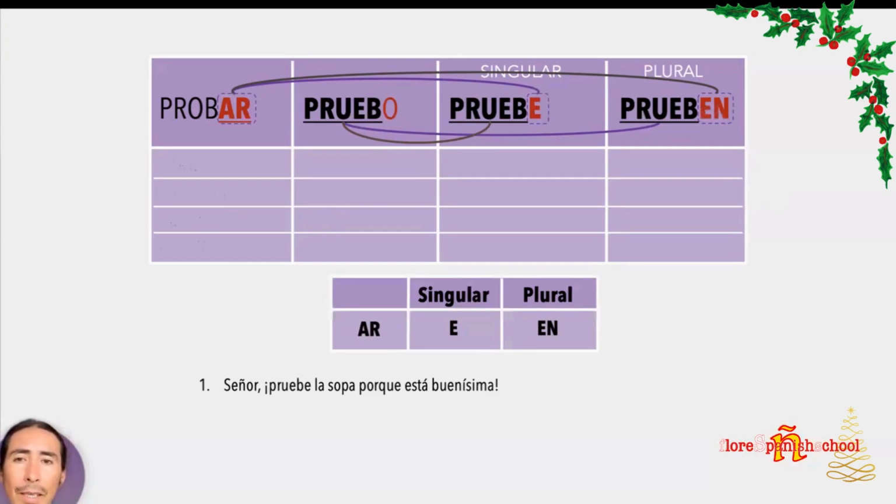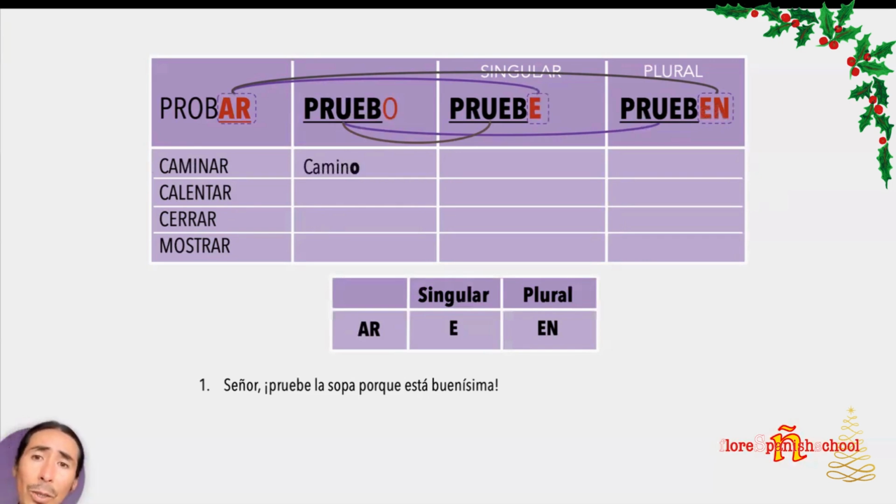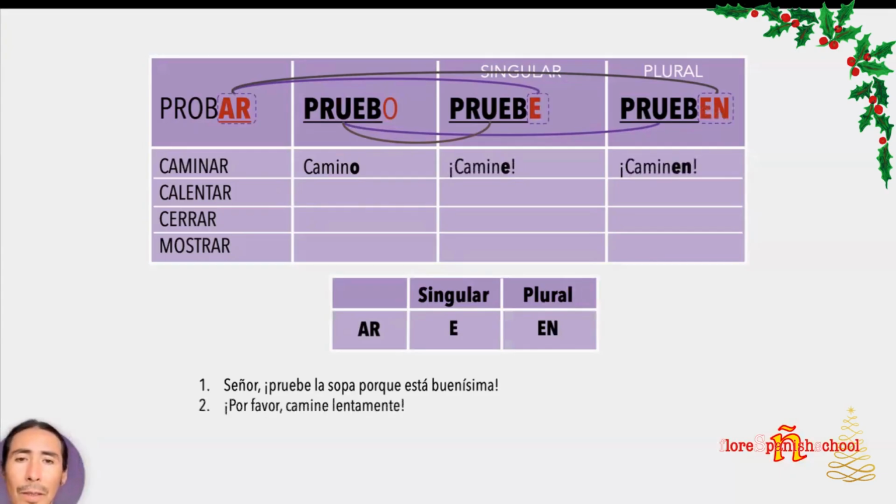So, let's now practice with other verbs. Caminar. Caminar in present tense is a regular verb, so it's yo camino. Let's take the stem of the verb, camin, and the ar becomes camine. In plural, caminen. So let's read the next example.